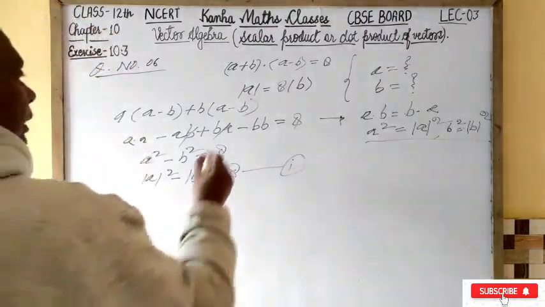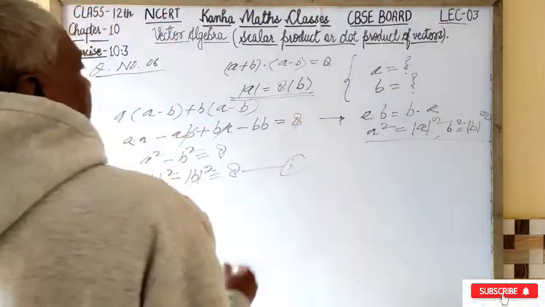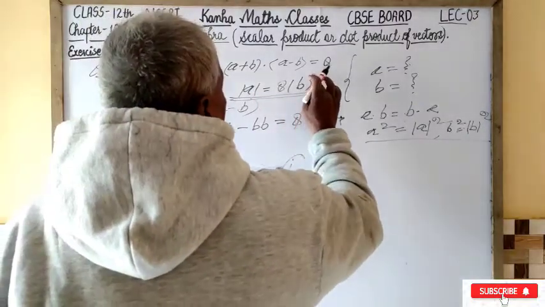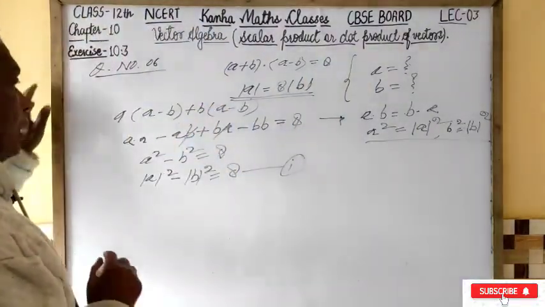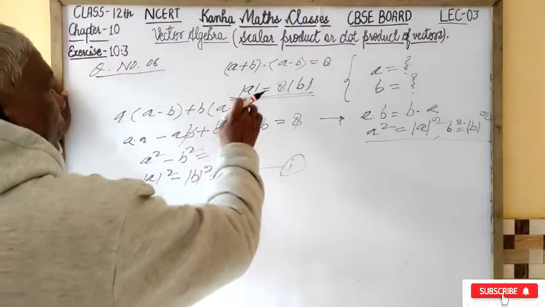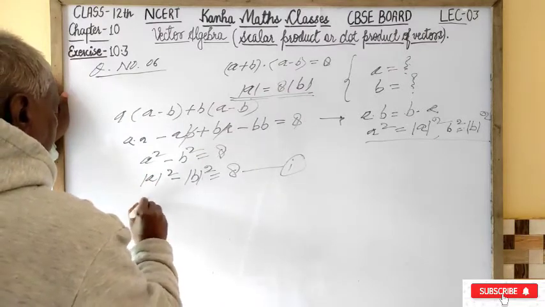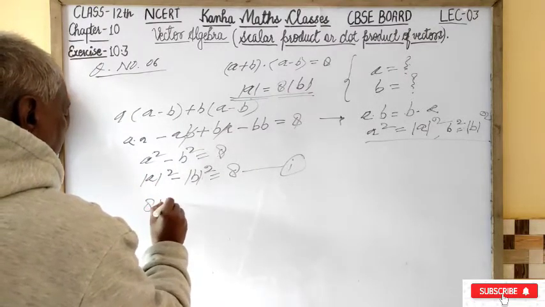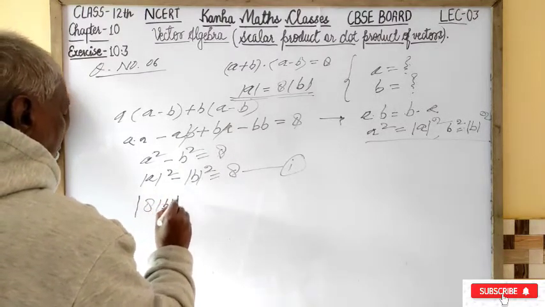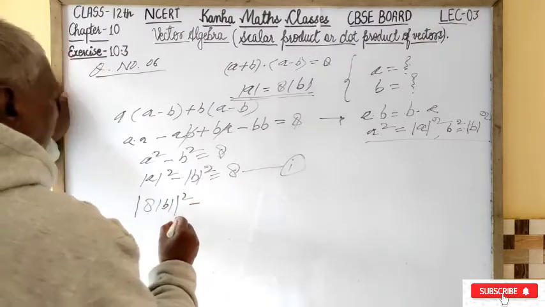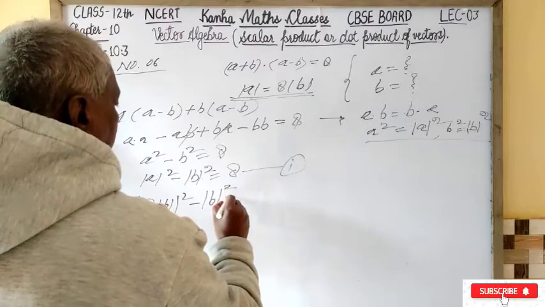By substituting the value of mod of a is equal to 8 times mod of b, we get 8 times mod of b, the whole square, minus mod b square is equal to 8.